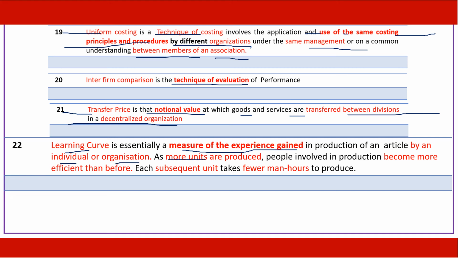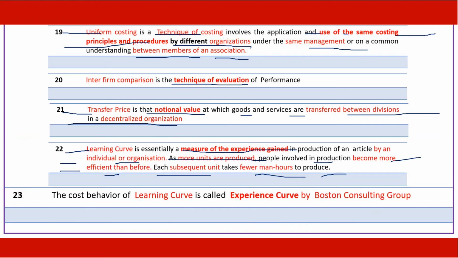As more units are produced, people involved become more efficient than before. Each subsequent unit takes fewer man-hours to produce. Experience gets reflected and reduces costs. The cost behavior of learning curve is called experience curve by Boston Consulting Group.